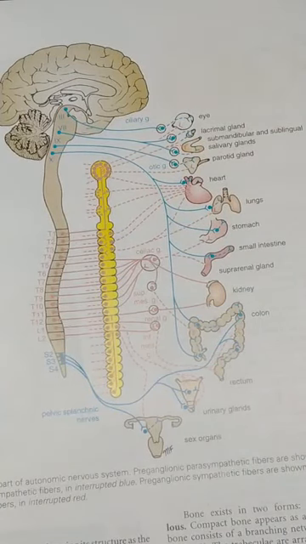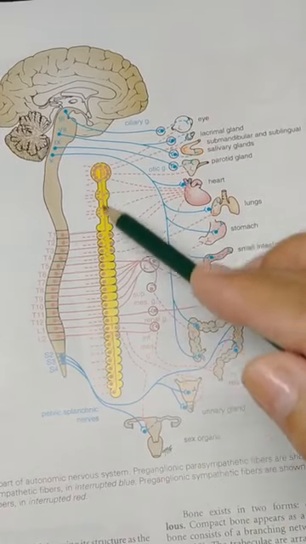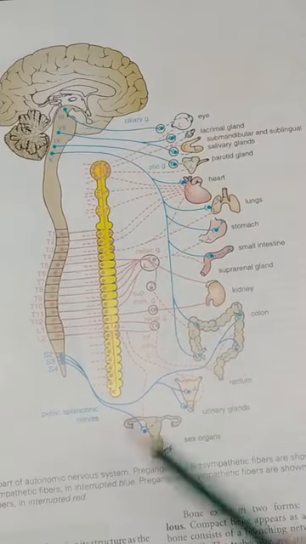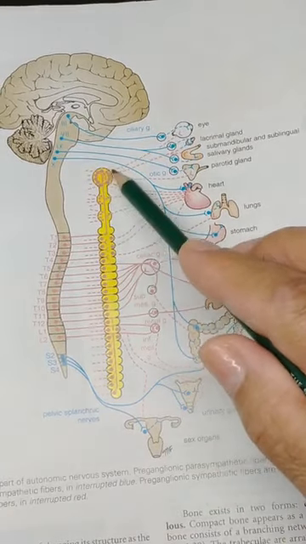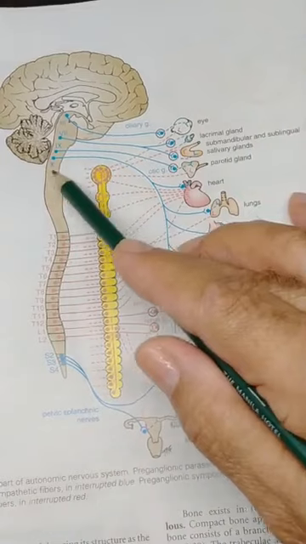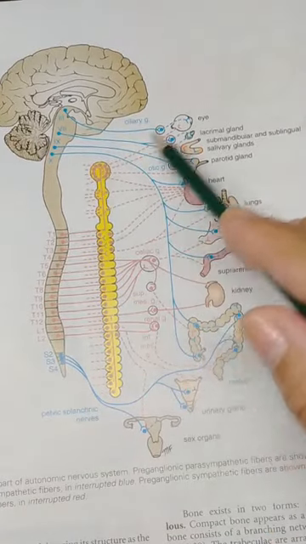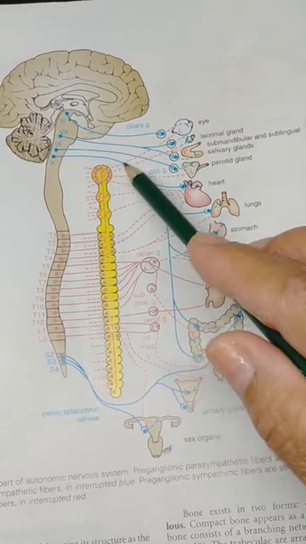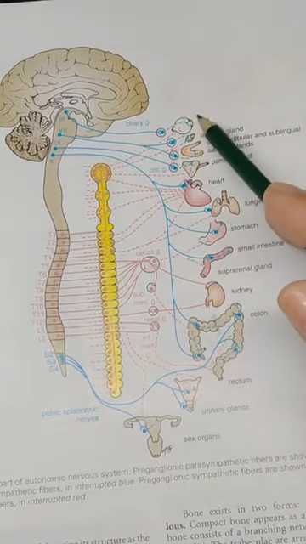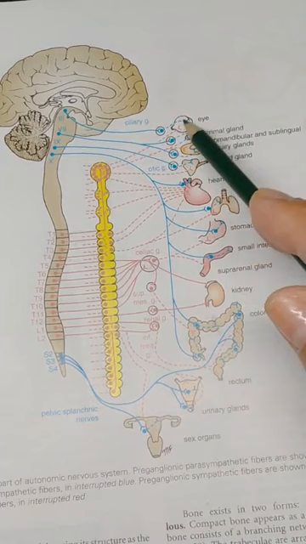Now, you may ask, because this is only up to here, the superior cervical ganglion, how would the fibers go into the structures of the eye, the lacrimal gland?